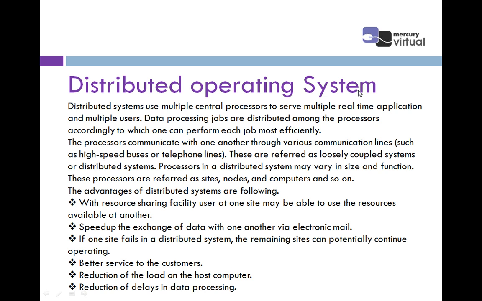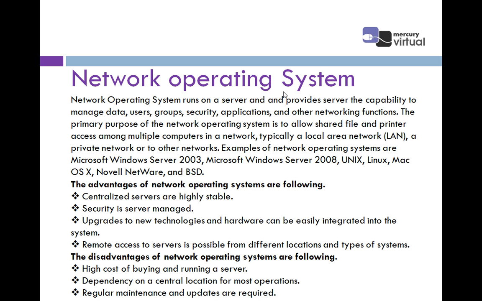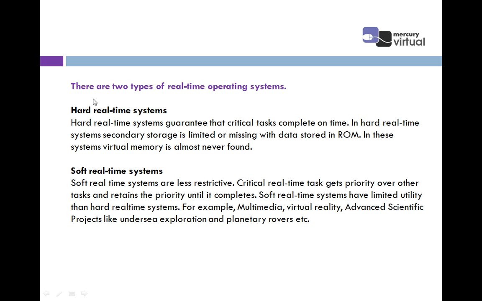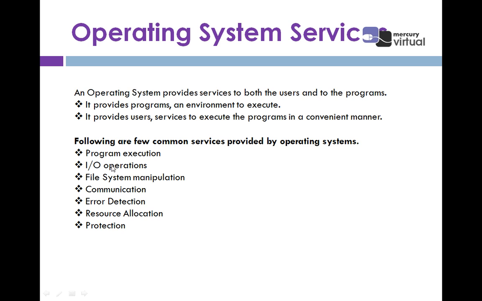Then there is a distributed operating system, means more than one user are using the same system. There is a network operating system, that is with the help of the network we can access the system that is provided by the network operating system. Then real-time operating system in which time plays an important role. There are two types of real-time operating system, that is hard real-time and soft real-time.